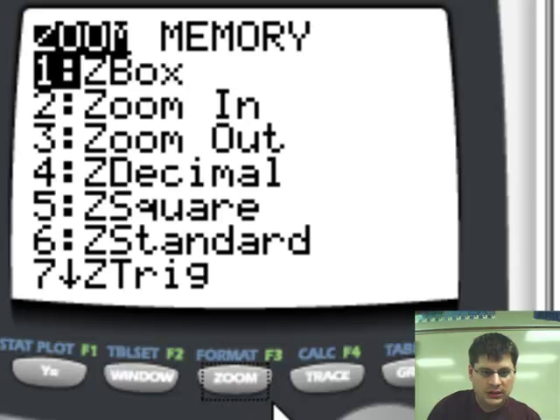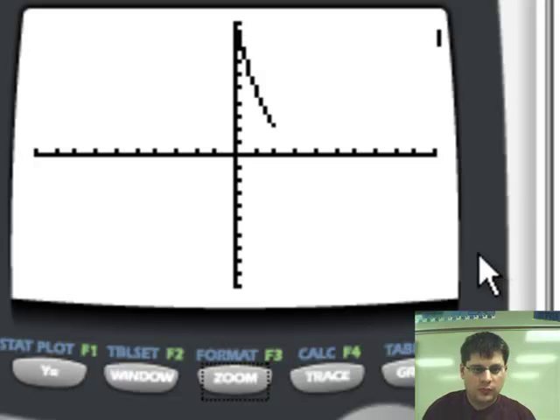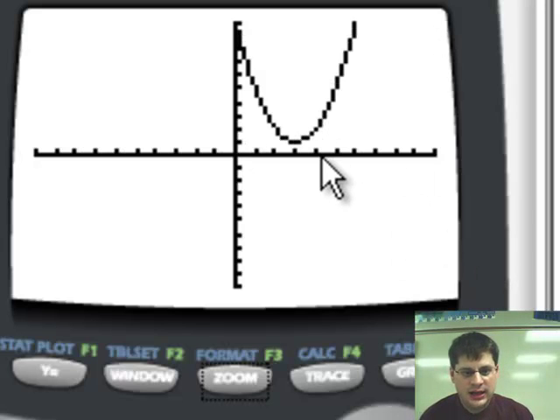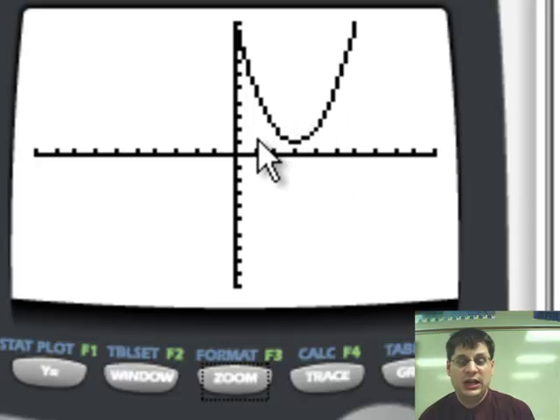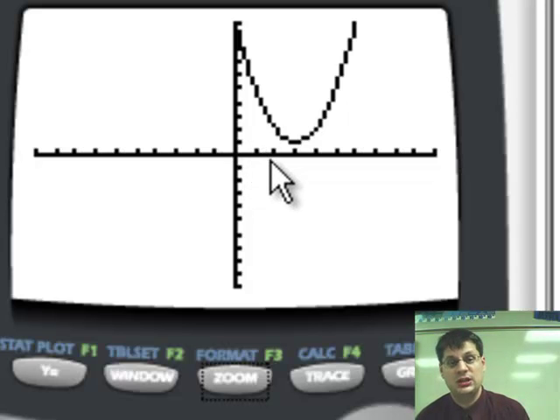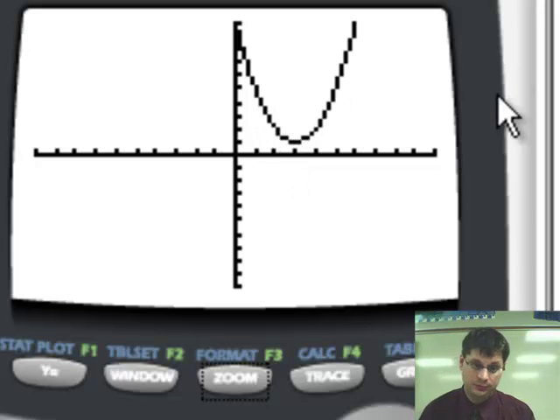Let me go back to my standard window, which is option 6, and we see that it does not cross or touch the x-axis at all. So there are no real solutions here. But at this point, we don't say no solution anymore. We say, well, there are in fact two imaginary solutions, but we can't see them on a real coordinate plane.